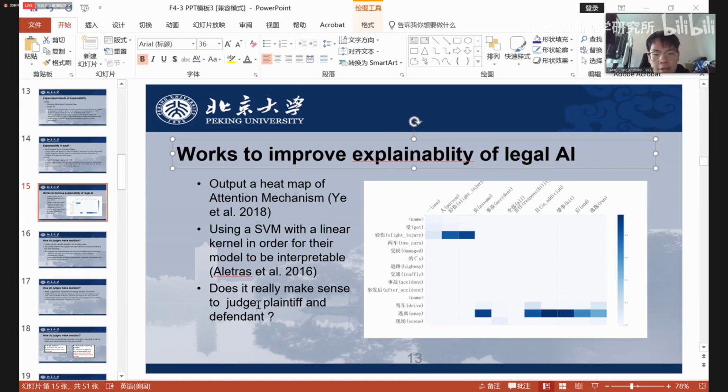Do these explainability approaches really make sense to judges? If you give such a heat map to the judges, or to the public, or to the plaintiff or defendant, will they trust this explainability? I think this question is very important.